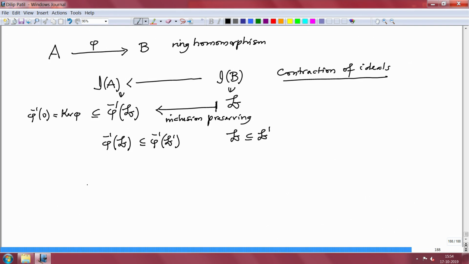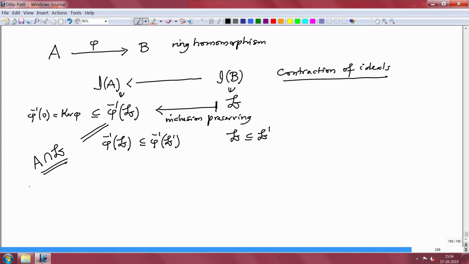Another thing is, this contraction is also sometimes denoted by A intersection B. This ideal B is in some other set, this A is some other set, but still this notation is used, by abuse of notation. That means these are elements of A which are in the phi inverse of B.